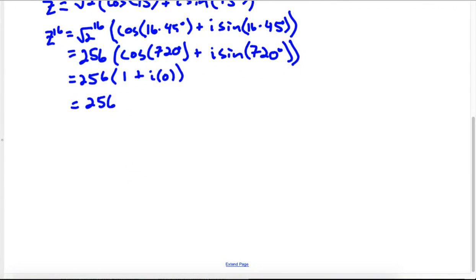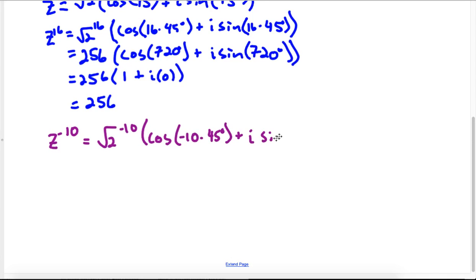I'll put it in a different color here. z to the negative 10th will be the square root of 2 to the negative 10th power, then times cosine of negative 10 times 45 degrees, plus i times the sine of negative 10 times 45 degrees. We can simplify.